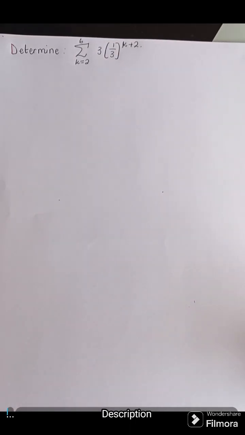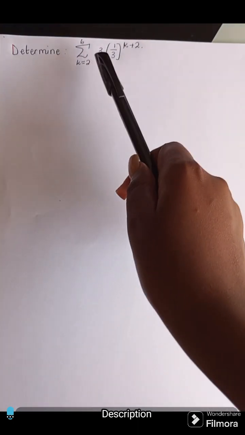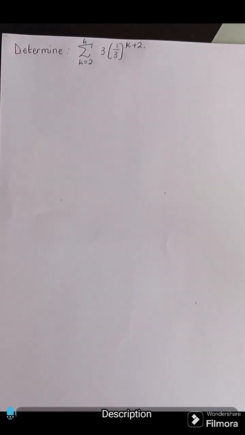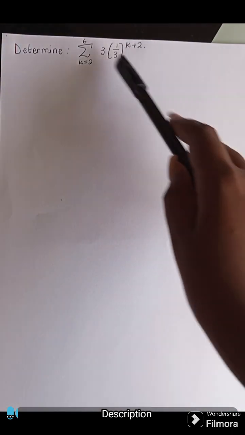Hi guys, in this video we're going to be doing an example based on the sigma notation. In our example they're asking us to determine this, so what they're basically asking you is to find the sum of this right here.